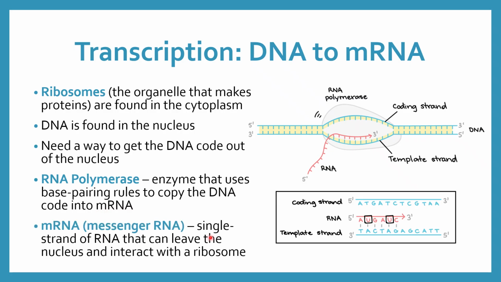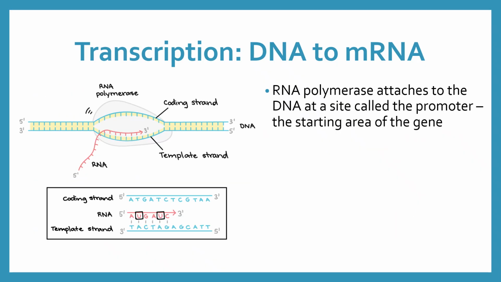So that messenger RNA is going to be able to then leave the nucleus and interact with a ribosome. So it's copying the gene, the important blueprint of our DNA, leaving the nucleus and going to the place where we can read that code and turn it into the protein. So RNA polymerase is going to first attach to the DNA at a specific site called the promoter.